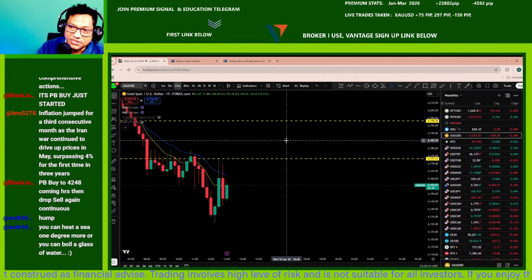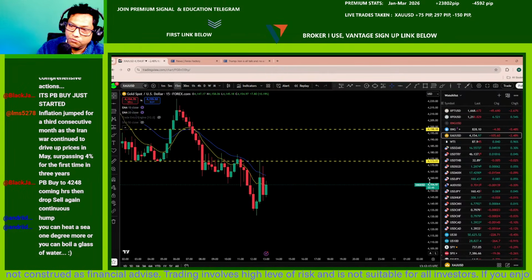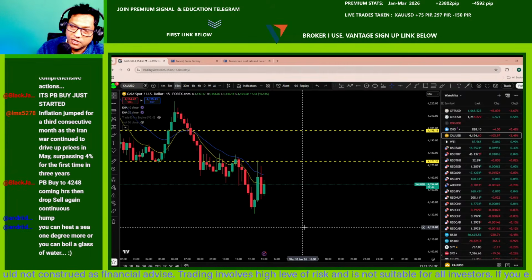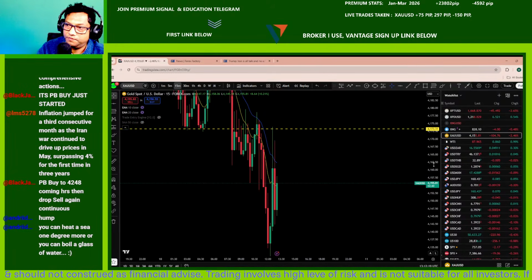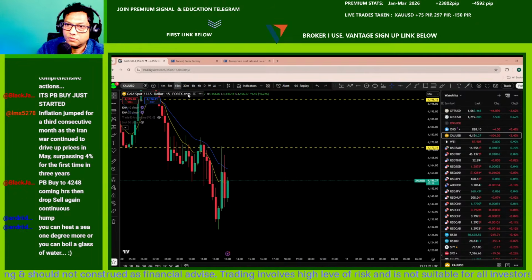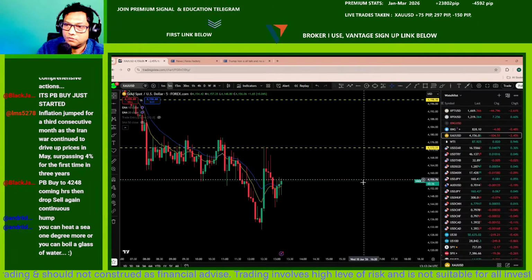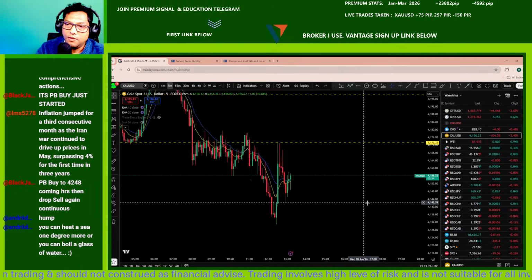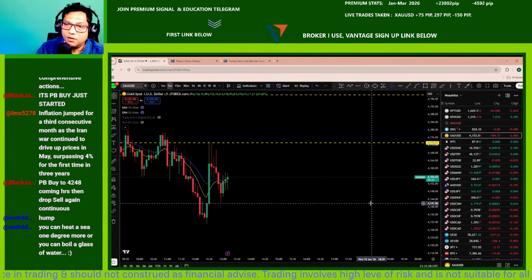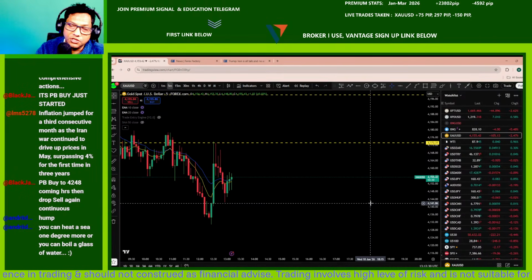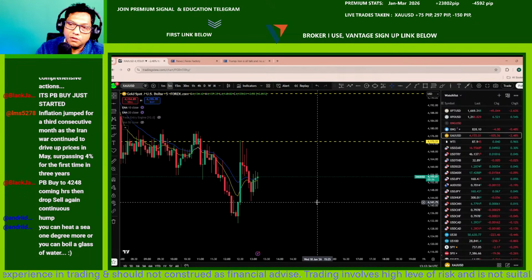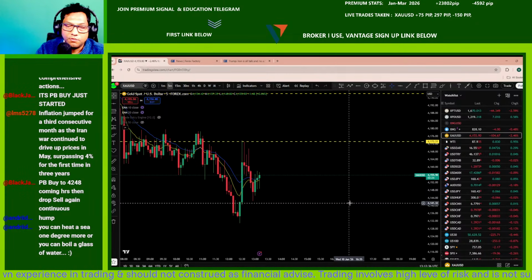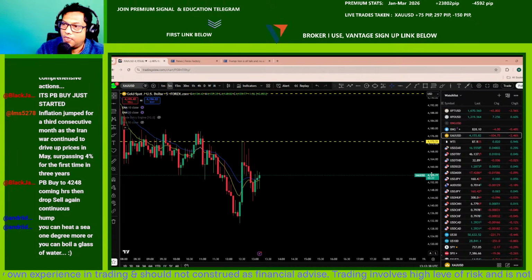If the market breaks above this structure, that could bring the market further lower here. The market also behaves like that. You see that when there is volume, the market moves a lot, which is very important to look at.